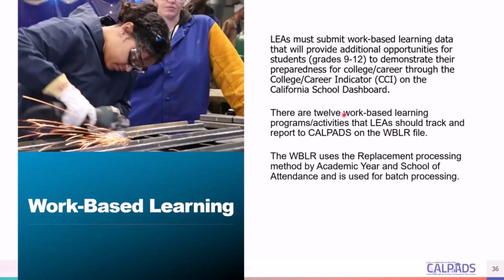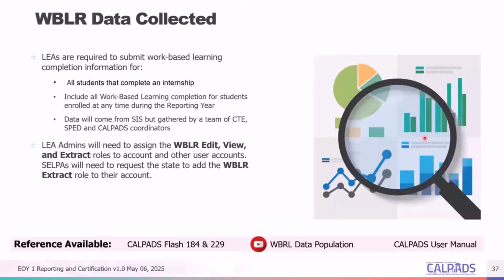So there are 12 work-based learning program activities that LEAs should track and report to CalPADS on the WBLR file. There are two specific programs that may involve special education students. If you have those, please be aware to report them as well to CalPADS.